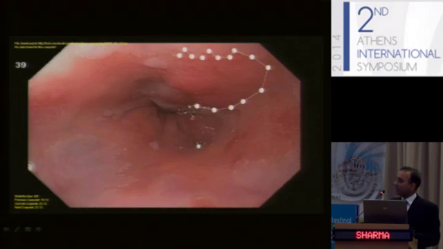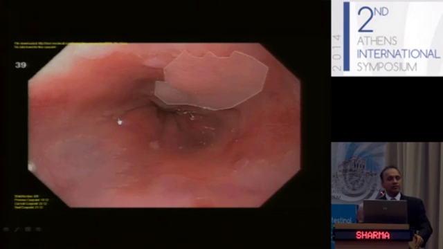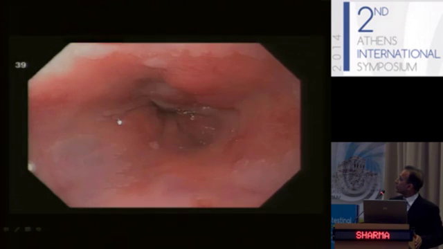You can see that this is the area on the top, and an endoscopist sitting in Kansas City can look at this online on a web-based program and can map this area and say, well, here's the early adenocarcinoma in Barrett's esophagus. The software will then calculate the surface area for you.